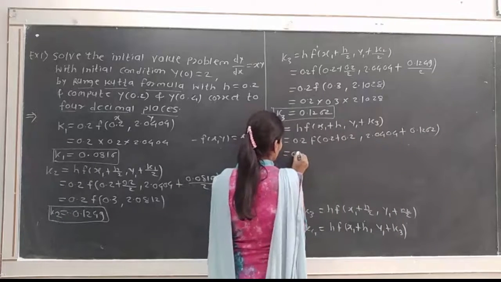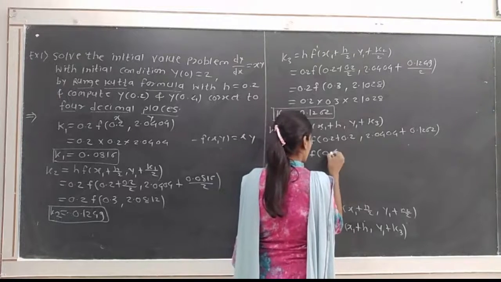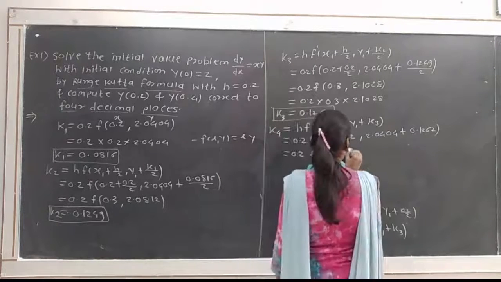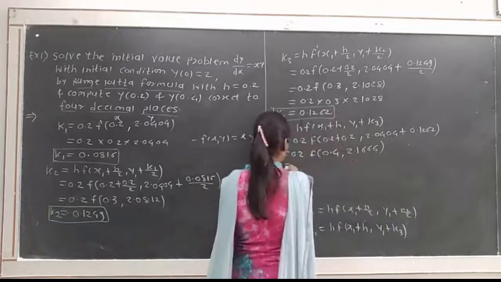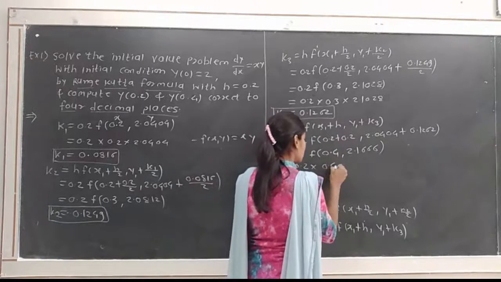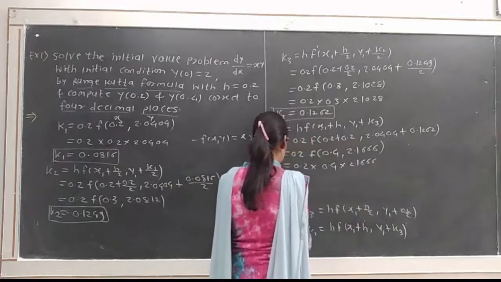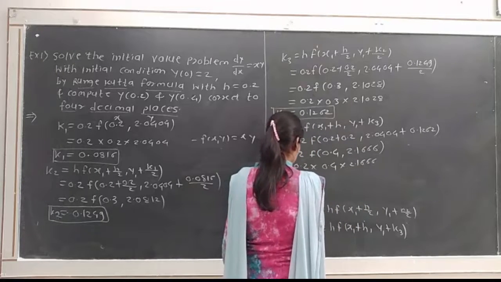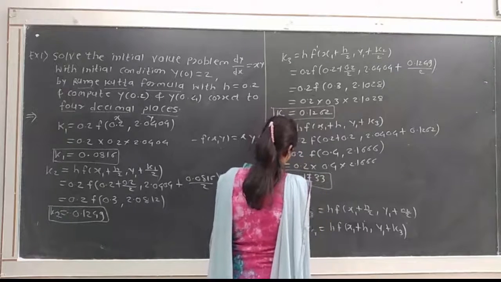Then we have 0.2 times f of 0.2 plus 0.2, which is 0.4, comma 2.1666. Then this is equal to 0.2 and the function is x into y, so we get 0.4 into 2.1666, and after this calculation 0.1733. Okay, so this is k4.